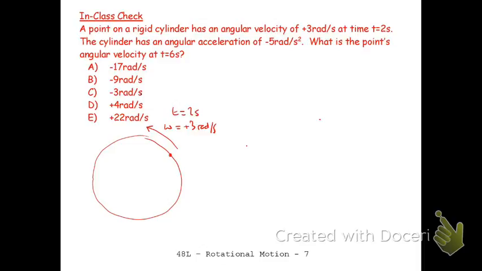And the cylinder has an angular acceleration, I feel a kinematics question coming on here, which equals minus 5 radians per second squared. What is the angular velocity, omega, when t is equal to 6 seconds?